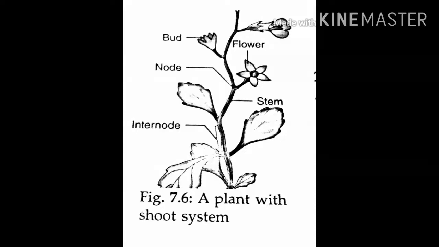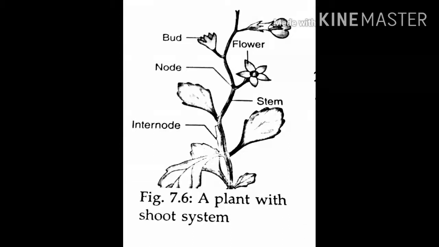Water and minerals are transported upward because roots absorb water and minerals from the soil and send them to the stem. The stem transports water and minerals upwards. Okay, and then we know this one, leaves prepare the food.